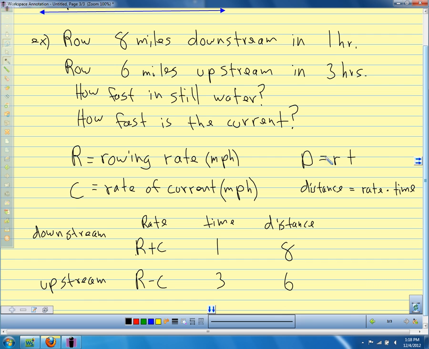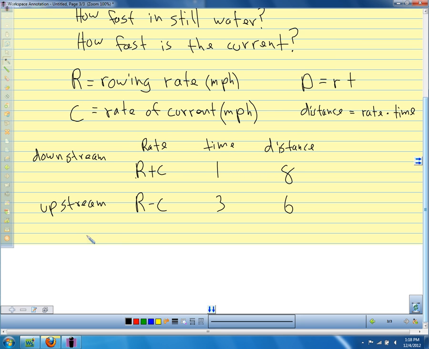So I'm going to use this formula, distance equals rate times time, to set up my two equations. Here I have a distance, a rate, and a time for downstream, and a distance, a rate, and a time for upstream. So my equations are going to be: the distance, 8, equals the rate, R plus C, times my time, 1.